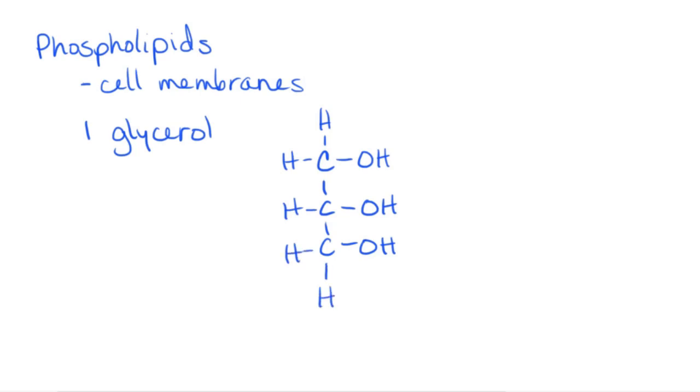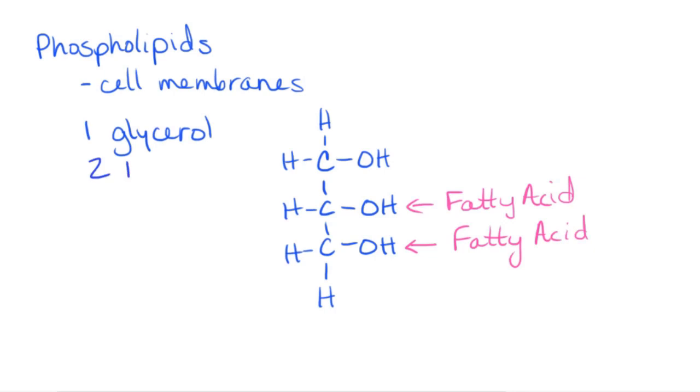And so we're going to take that, and now in 2 of these positions, right here and right here, we're going to end up with a fatty acid attached. So fatty acids get attached in both of these positions. So we're having one glycerol, and 2 fatty acids attached by dehydration reactions in each of those positions.